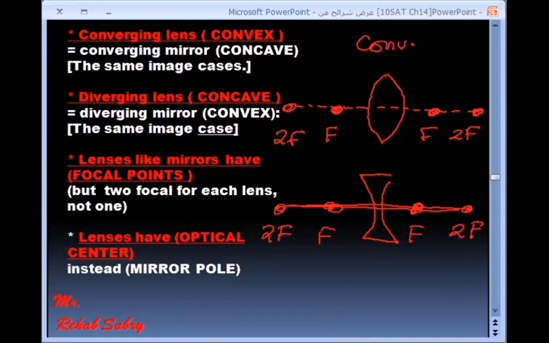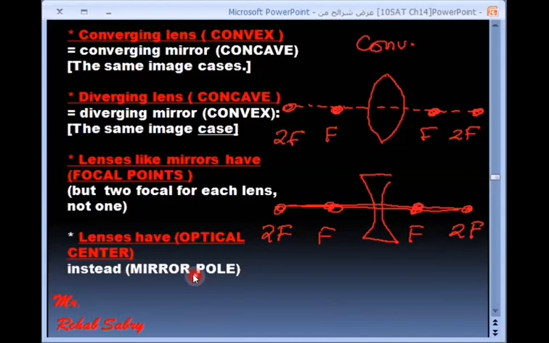Lenses have an optical center instead of a mirror pole. If you remember, in the mirror we talked about the point located in the center of the mirror face, and we call this point the pole, the mirror's pole.